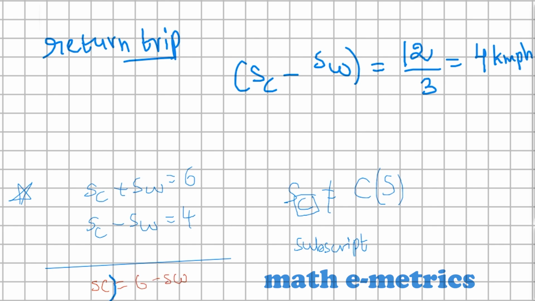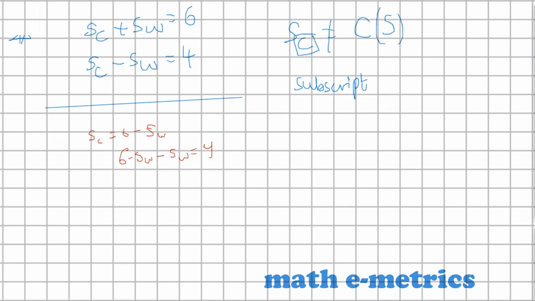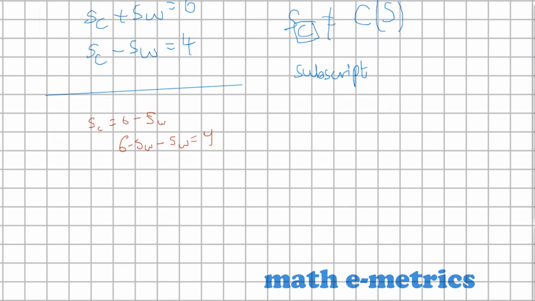Then 6 minus SW minus SW equals 4, so 6 minus 2 SW equals 4.